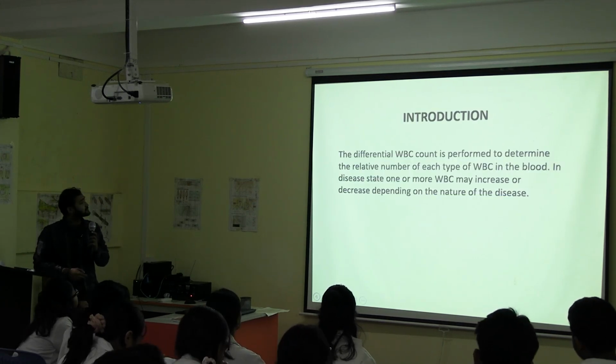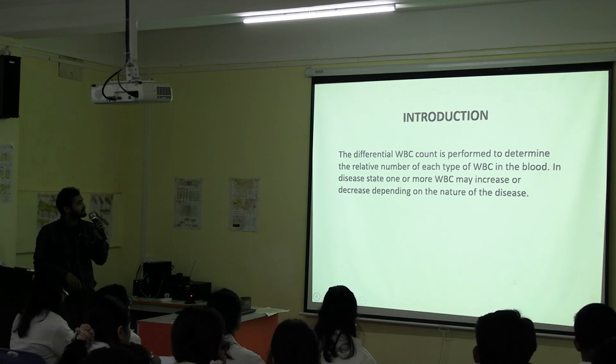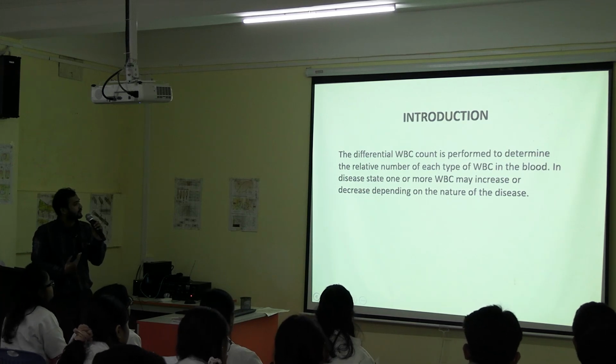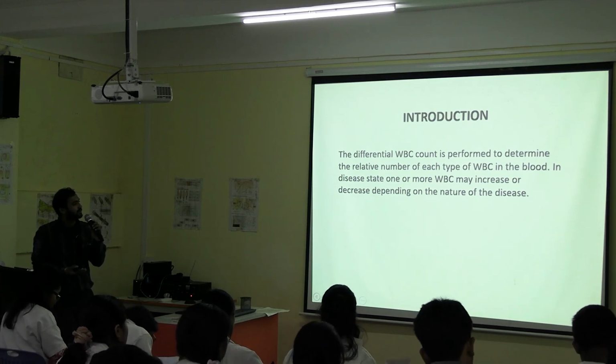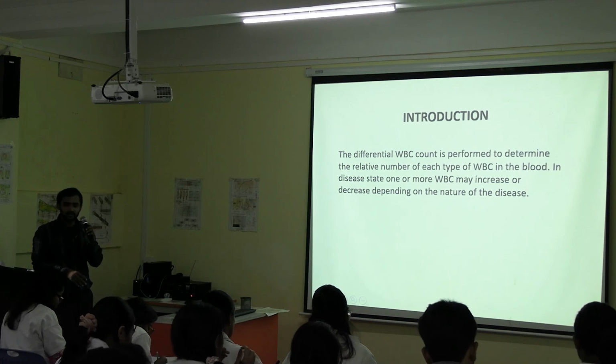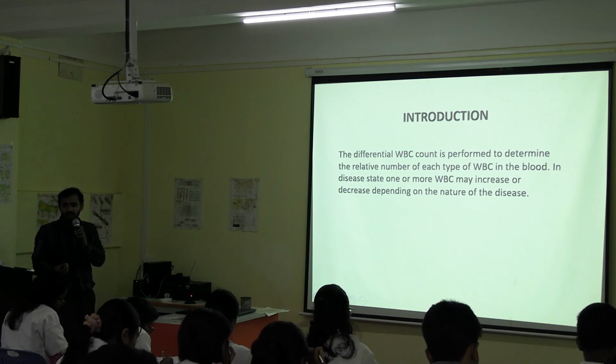Okay, so see, in the introduction, what is differential leukocyte count? It is used to determine the relative number of each type of WBCs in the blood. Each type of WBCs will be counted and expressed in percentage.